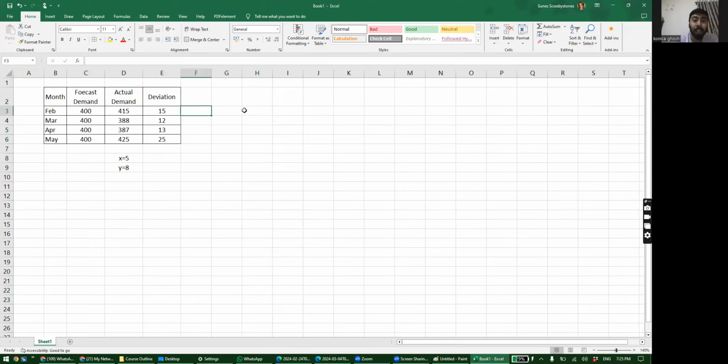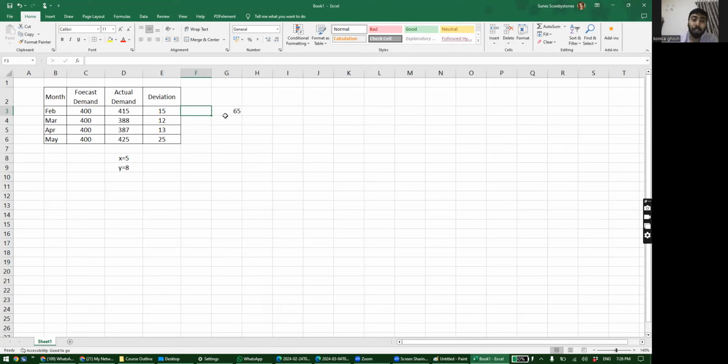So first is 15 plus 12 plus 13 plus 25. This is basically the total. Now, how do we find the average? Mean is nothing but average.